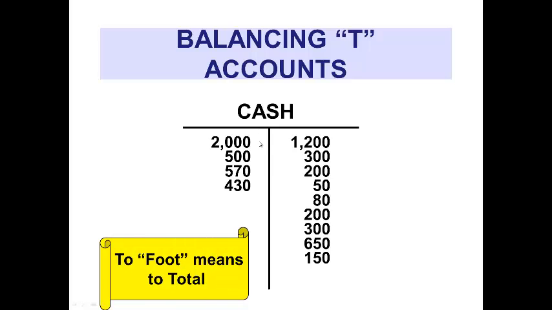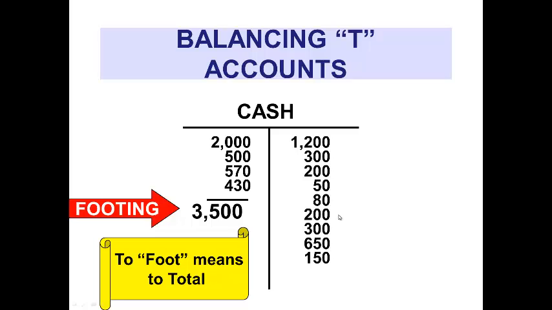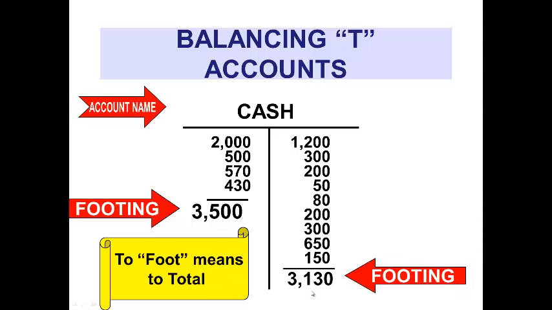The first thing you do to get a balance in an account is foot each side. In accounting, to foot means to add down. So we're going to add down the left side and get 3,500. We'll add the right side and the footing is 3,130.